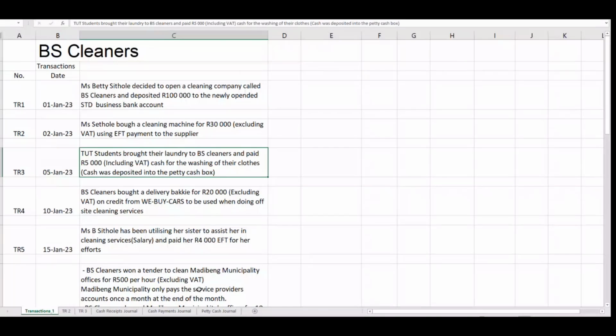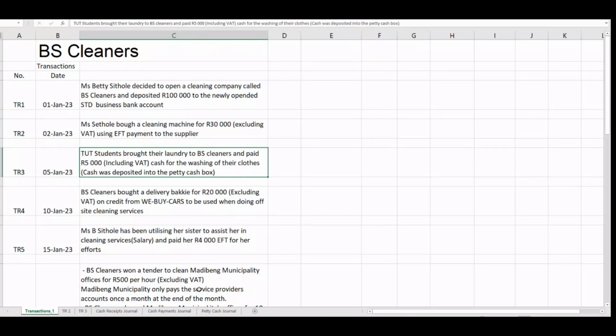Any other money, whether it goes to the bank straight or to the cashier or whatever, if it's not mentioned that it's going to the petty cash box, let it go to the cash receipts journal and the cash payments journal, because the assumption is that all those other monies that go elsewhere other than the petty cash box will be banked by the end of the day.